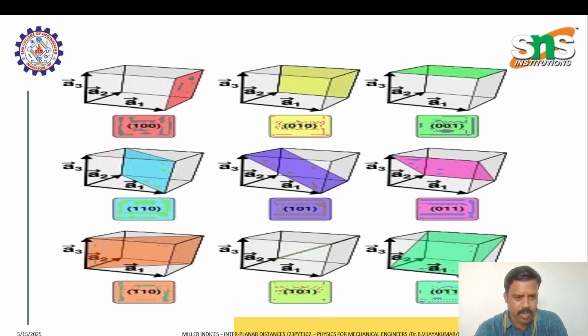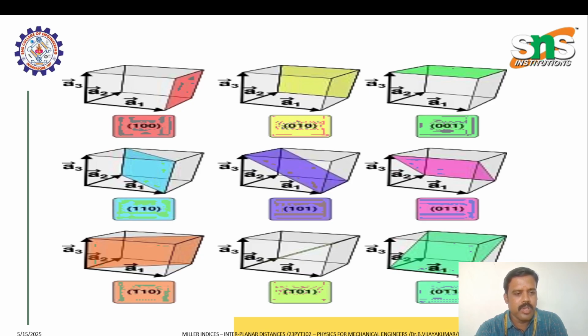Next is 1 1 0, meaning x, y, z. Here a1 and a2 are interconnected, so the plane starts from the diagonals. It is similar for 1 0 1 and 0 1 1. The next one is the inverse 1 1 0.